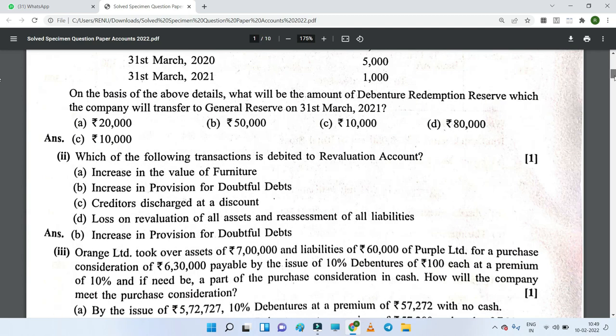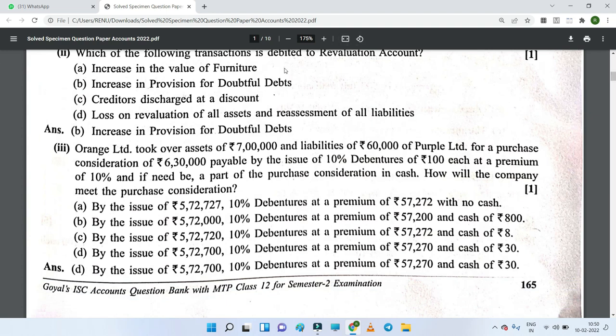Now the next question says, which of the following transactions is debited to revaluation account? As we know, an increase in the value of assets and a decrease in the value of liabilities get credited, whereas an increase in the value of liabilities and a decrease in the value of assets get debited to revaluation account. So here we have only an increase in the value of one liability, that is provision for doubtful debts.